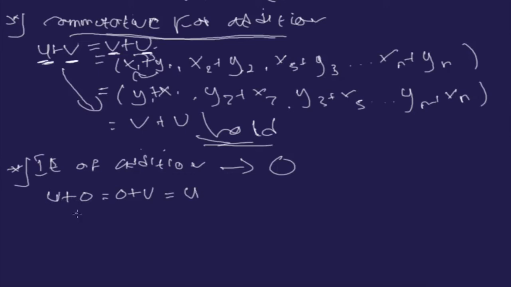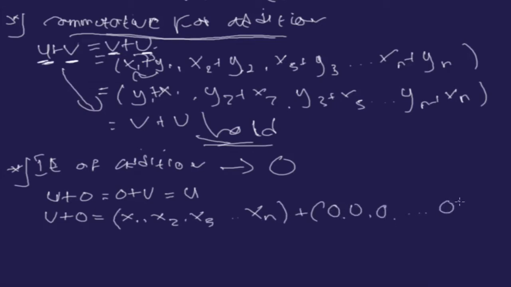Let's prove u plus 0. Remember u is x1, x2, x3, up to xn, plus 0, 0, 0, 0, and 0 stays 0. Then you have x1 plus 0, x2 plus 0, x3 plus 0, and xn plus 0.